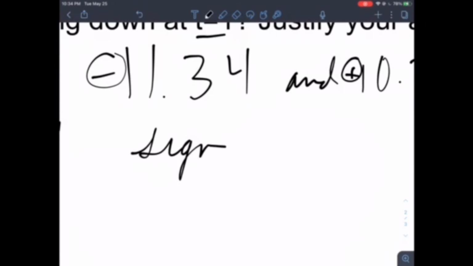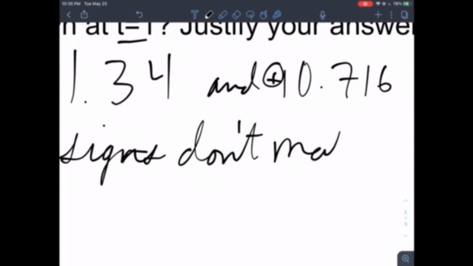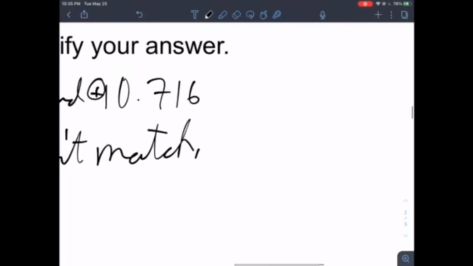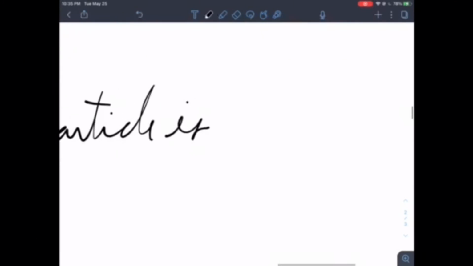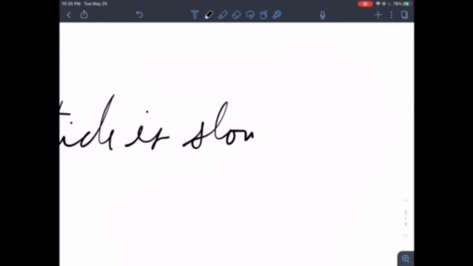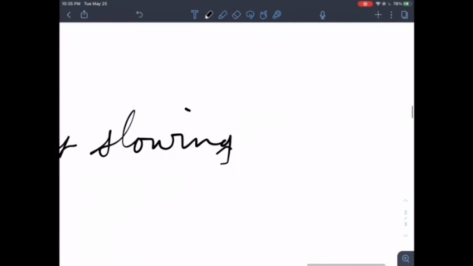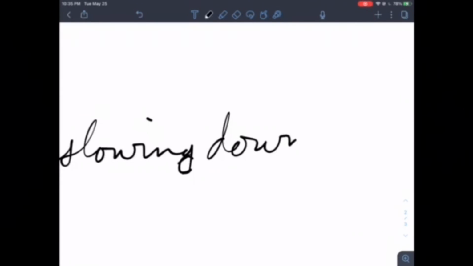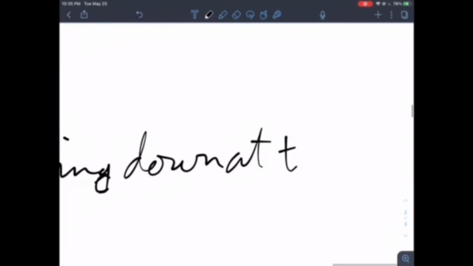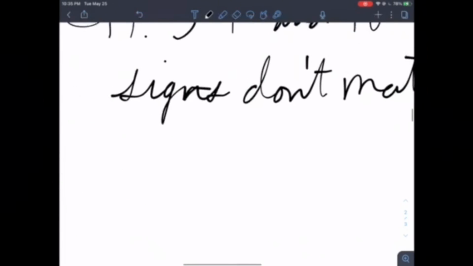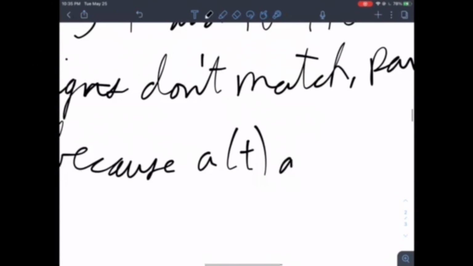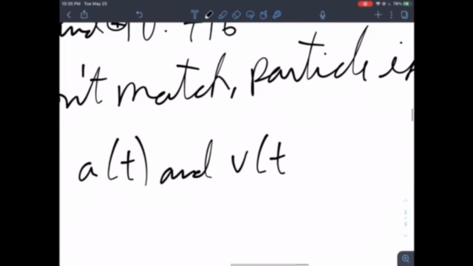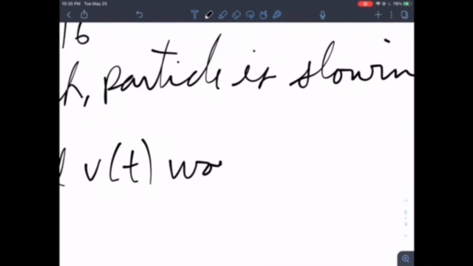Since these signs don't match, the particle Xander is slowing down at t equals 1, because acceleration a of t and velocity v of t are working against each other.